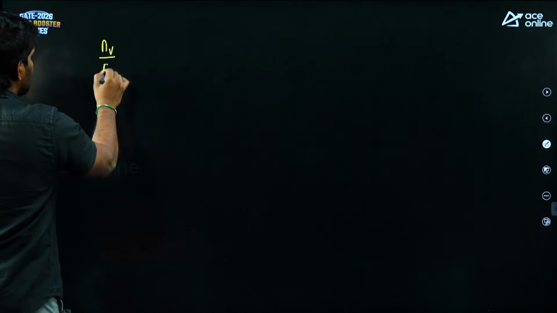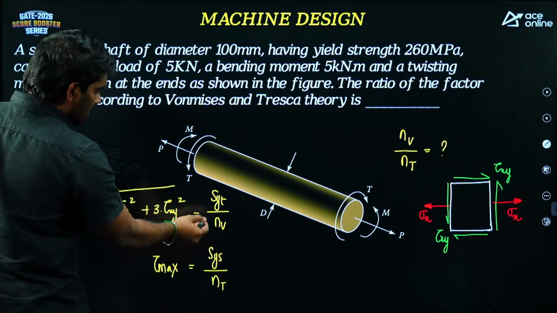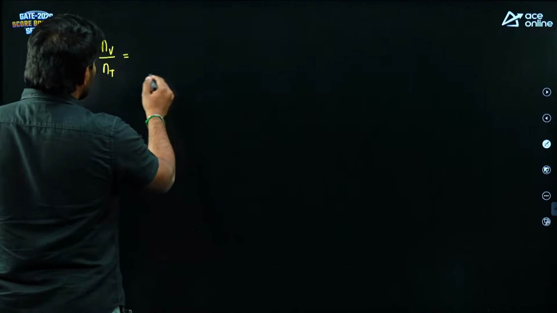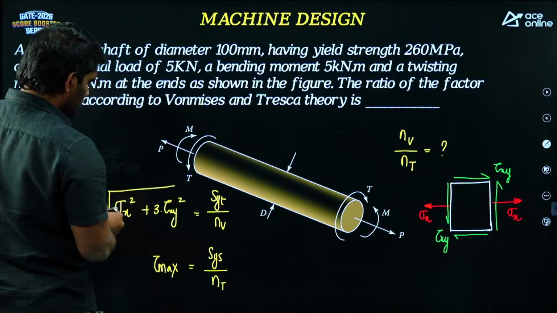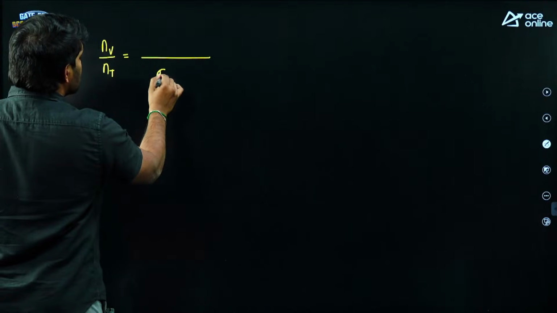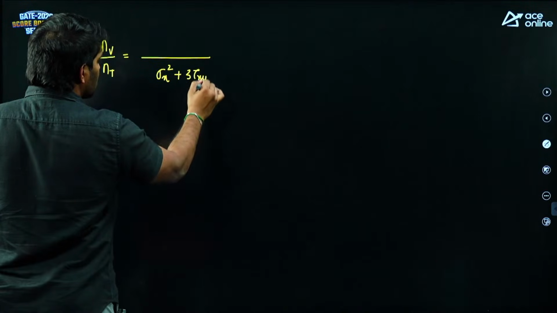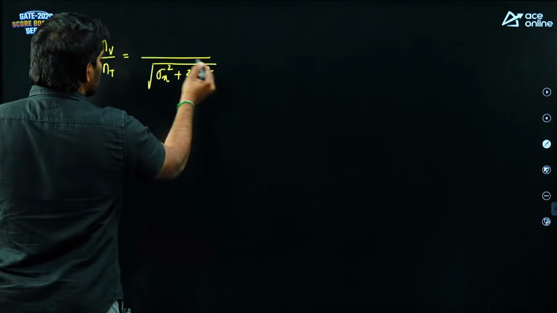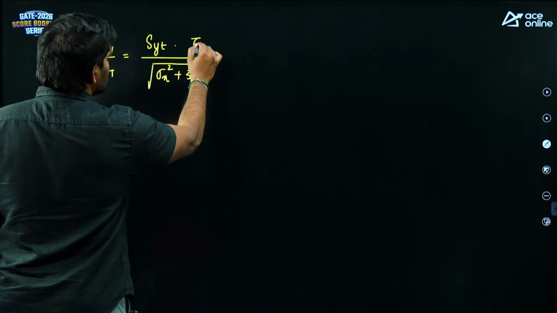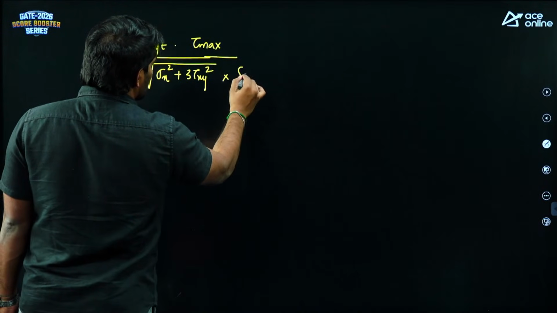NV by NT is equal to 1 divided by under root of sigma x square plus 3 times tau xy square, into SYT, and here we have tau max into SYS.